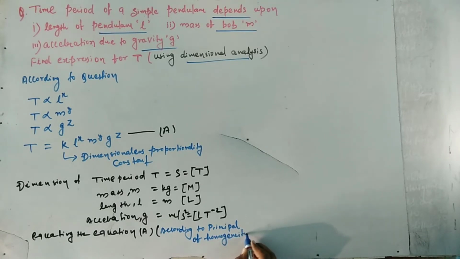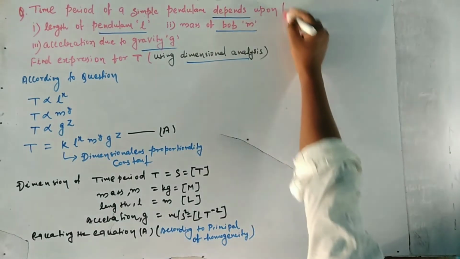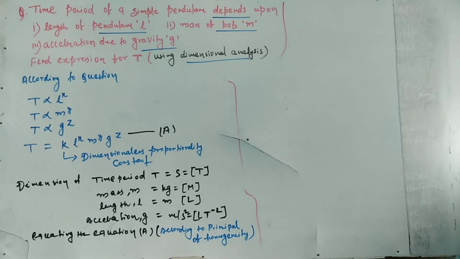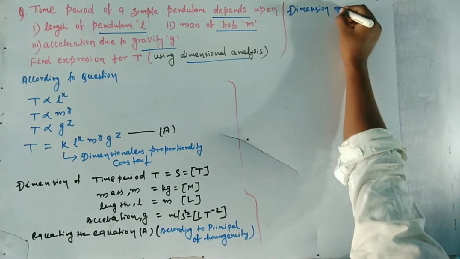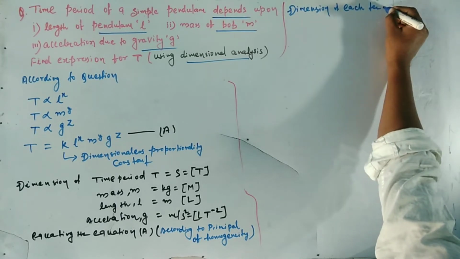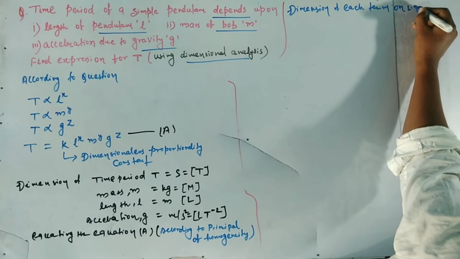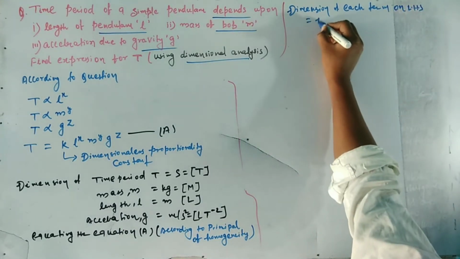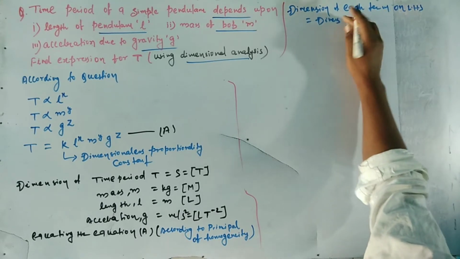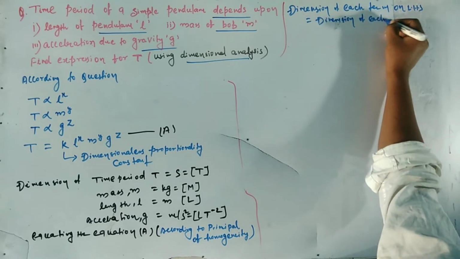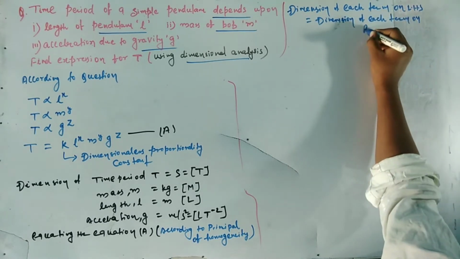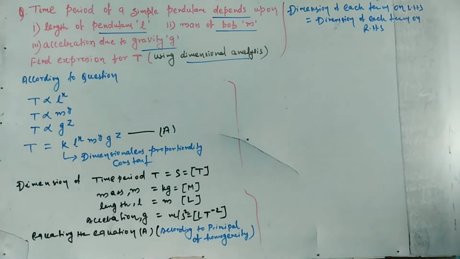According to the principle of homogeneity, the dimension of each term on the LHS is equal to the dimension of each term on the RHS.